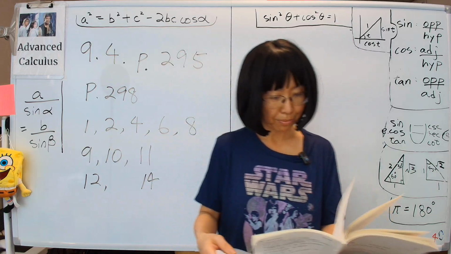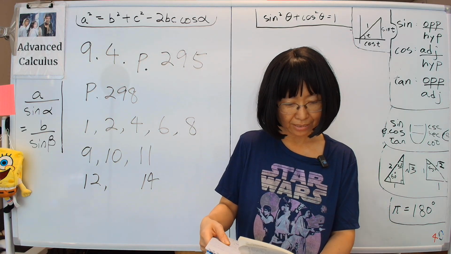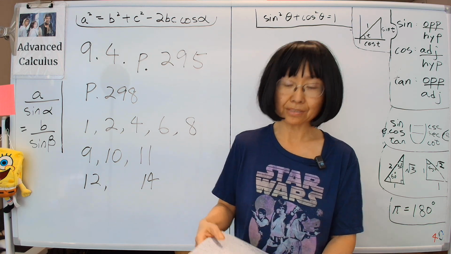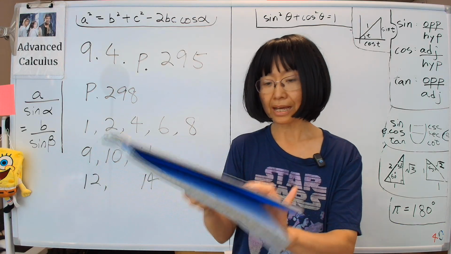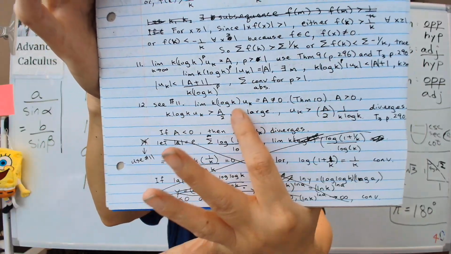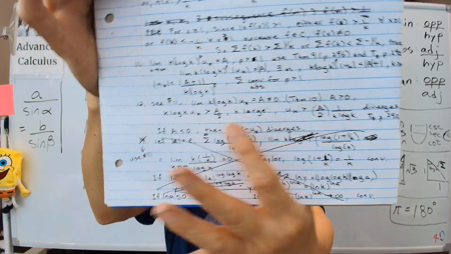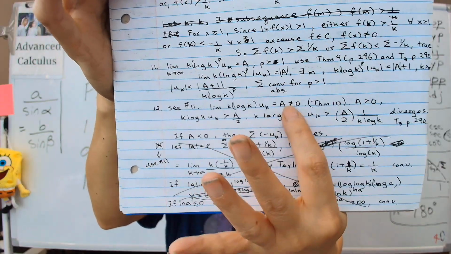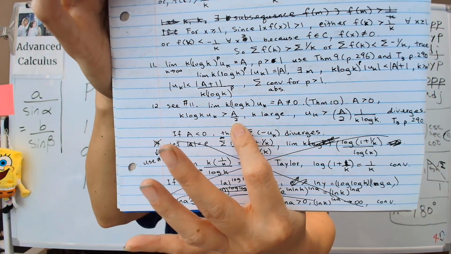Okay, next let's look at problem 12, which says that if the limit of this thing is equal to A, which is not 0, then the series diverges. That definitely reminds you of theorem 10, so that's what we're going to simulate. Now, knowing that, I have it written down here. Because the limit is equal to A, let's say A is positive for now, okay? Just like the proof of theorem 10. So if it's approaching A, then sooner or later it's going to be bigger than half of A, being positive.